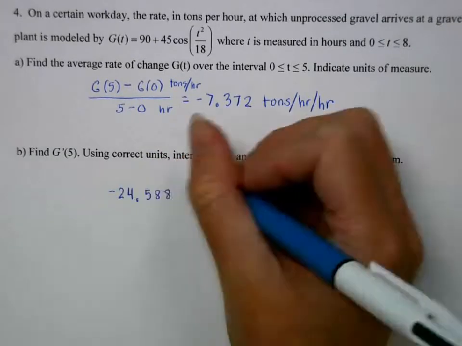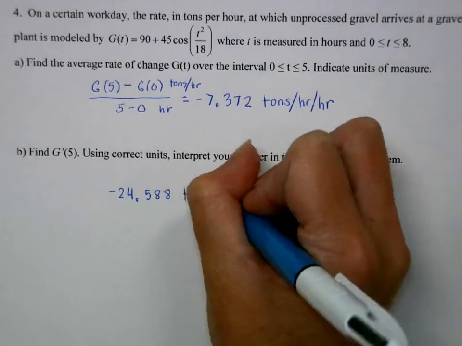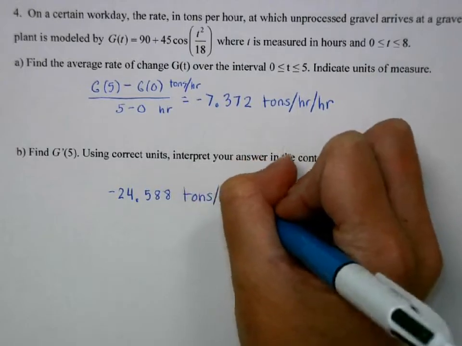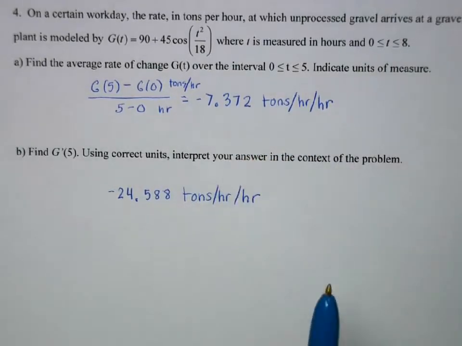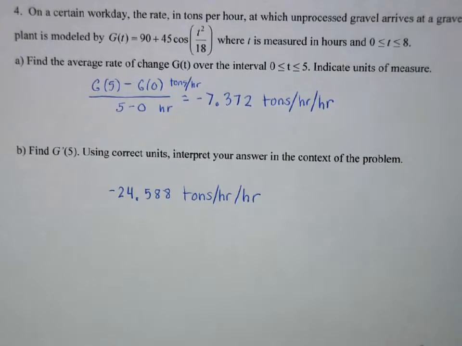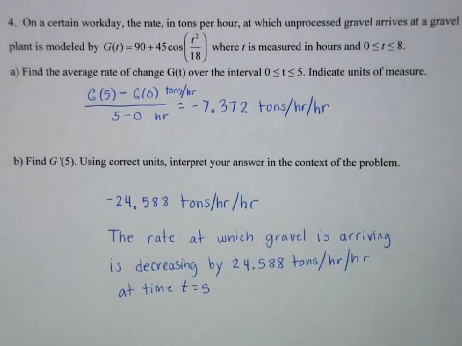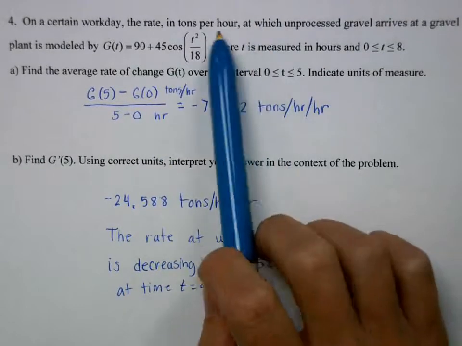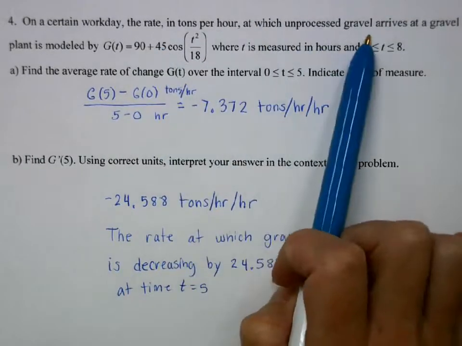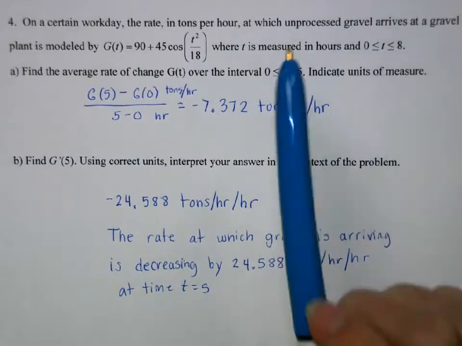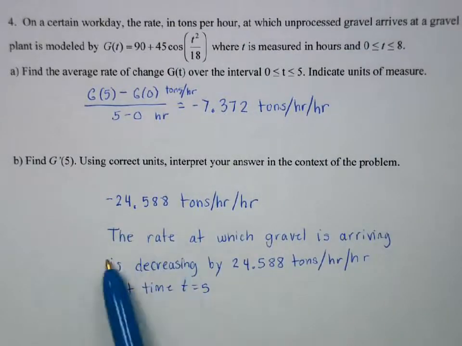Same units, tons per hour per hour. Then you're asked to interpret your answer in the context of the problem. For our interpretation, g of t is the rate at which the gravel is arriving. So this means that the rate at which the gravel is arriving is decreasing by 24.588 tons per hour at time equals 5.